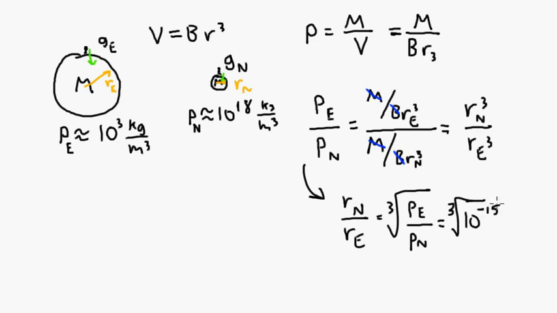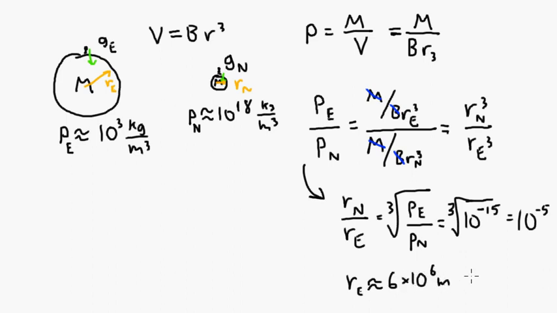So the radius of Neutronium Earth is 1/100,000th the radius of normal Earth. So if you happen to remember that the radius of the Earth, Re, is approximately 6 times 10 to the third kilometers, maybe 6 times 10 to the 6 meters, then you multiply that by 10 to the minus 5.